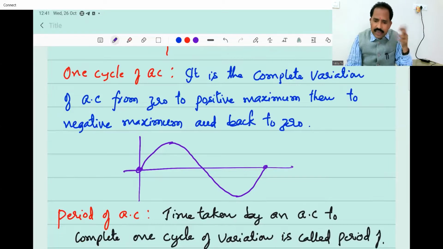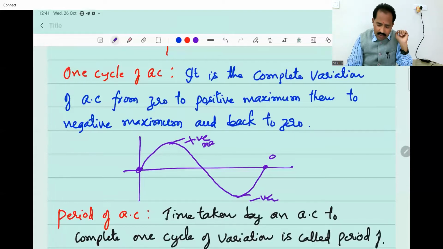Afterwards it repeats the same cycle. This is the positive maximum, this is the negative maximum, and this is 0 again. Starting from 0, ending at 0, that variation is called one cycle of variation.